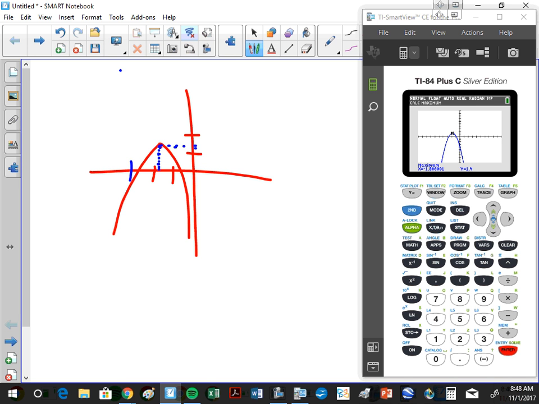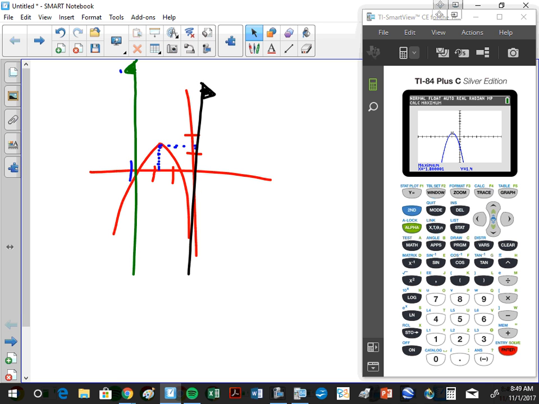We want to draw a line, and it doesn't really matter where that line is as long as it's to the left. So this one's going to look like that, and then this one's going to look like this. So the left bound can be anywhere over here, and the right bound can be anywhere over here.